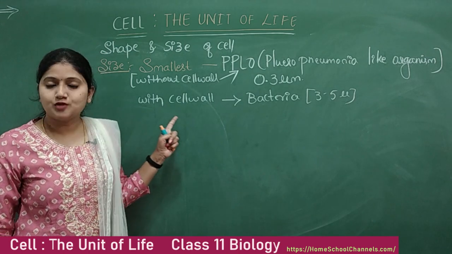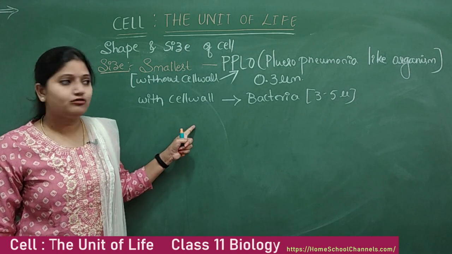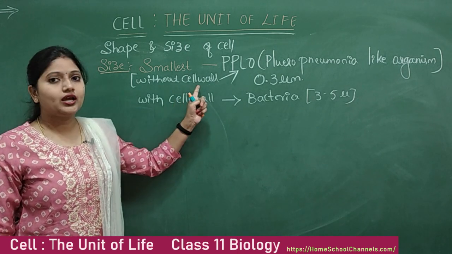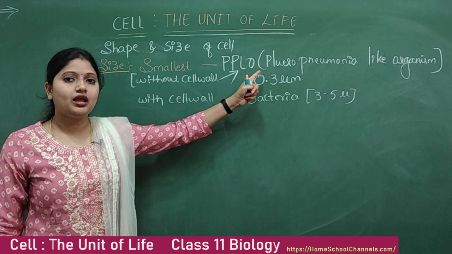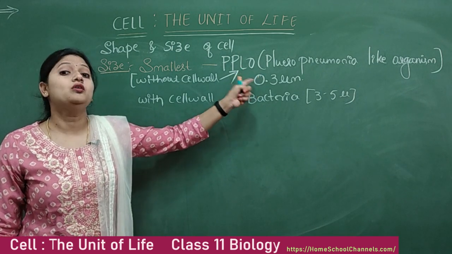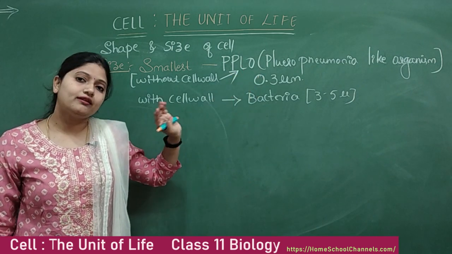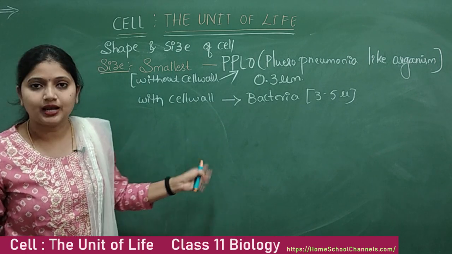So this is the smallest organism with cell wall, and the smallest organism without cell wall is PPLO, that is pleuropneumonia-like organism, or otherwise also called mycoplasma.